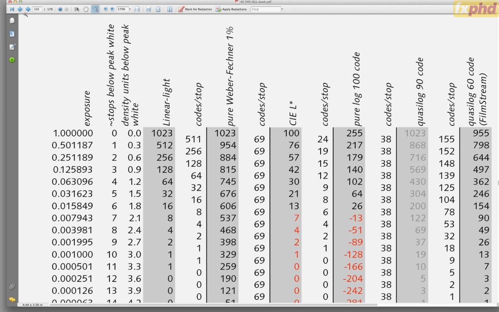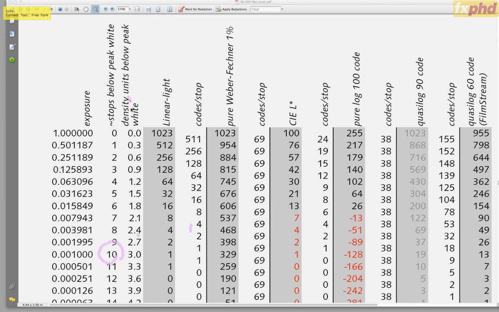What this slide is showing is an exposure value going down stop by stop by stop by stop. Now I'm using my science stops instead of the cinematographer photographer stops. So when I'm 10 stops down, I'm down to 0.001. And if you go down in exact powers of 2, you don't get that. So this says I'm 10 stops down.